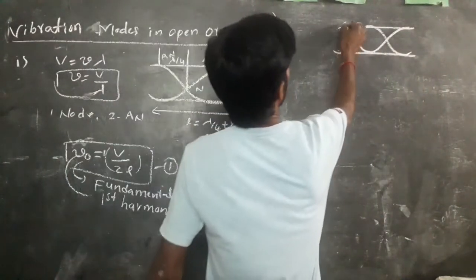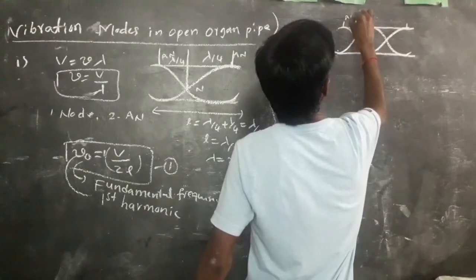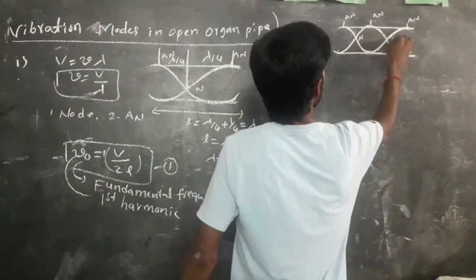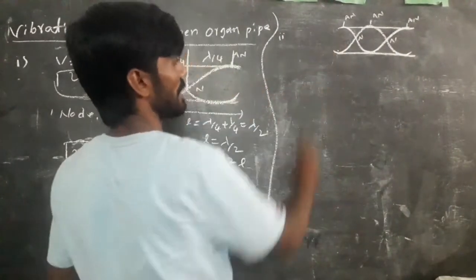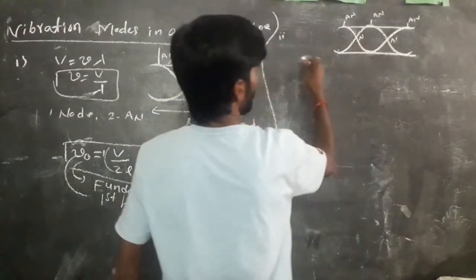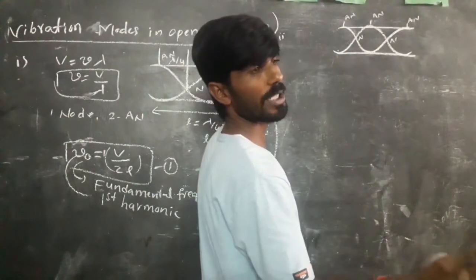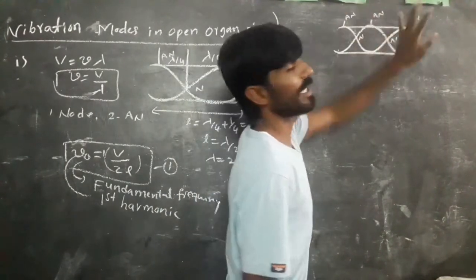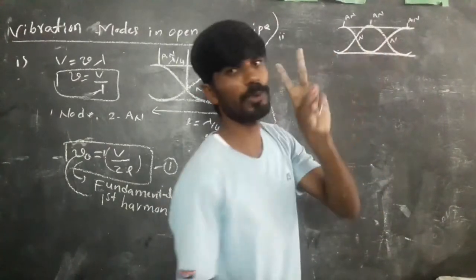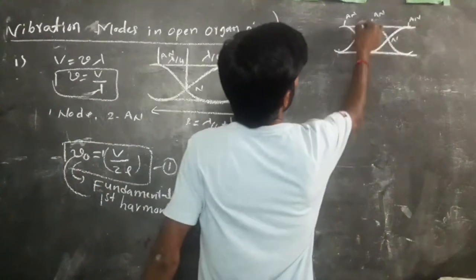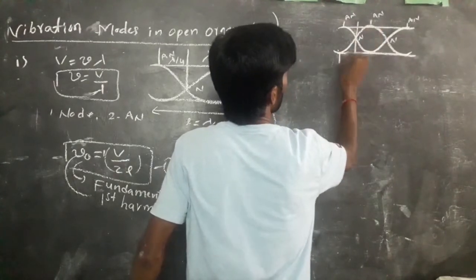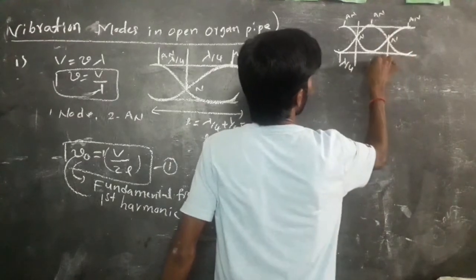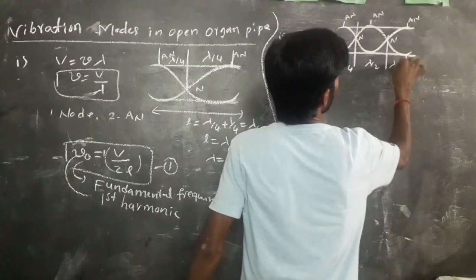So there are 1, 2, 3 antinodes and 2 nodes. So when your stationary waves travel through the open organ pipe with 1, 2, 3 antinodes and 2 nodes, then the length of the air column: node and antinode is lambda by 4, node and node is lambda by 2, and node and antinode is lambda by 4.